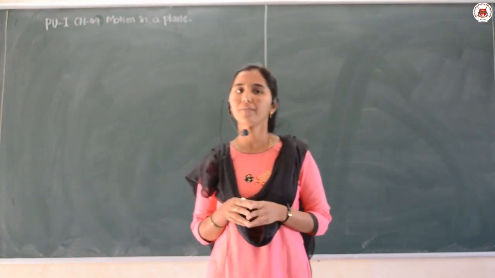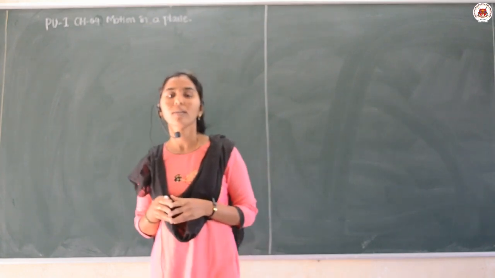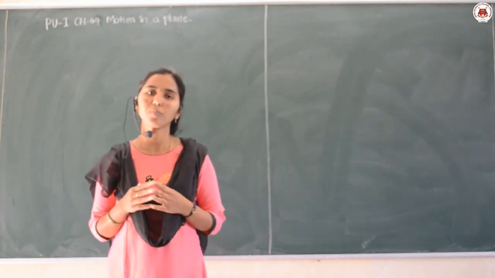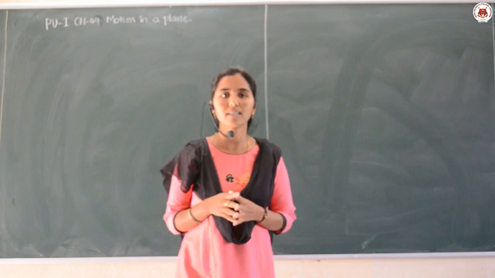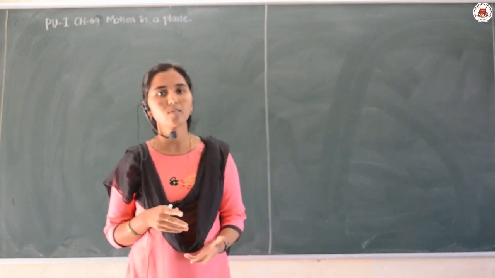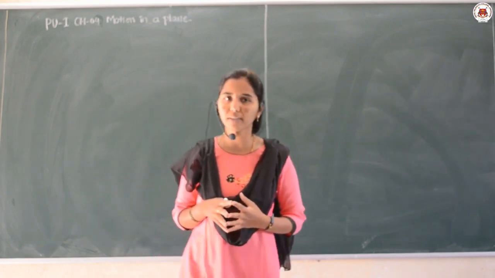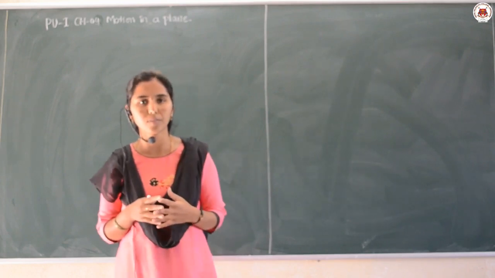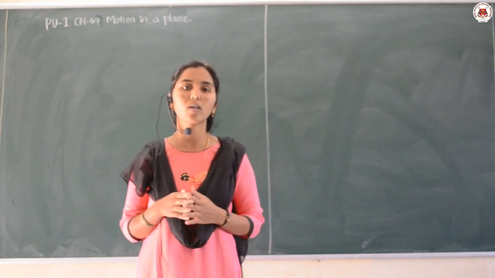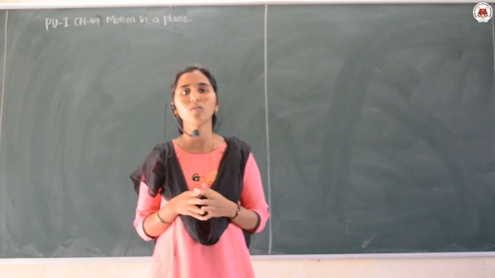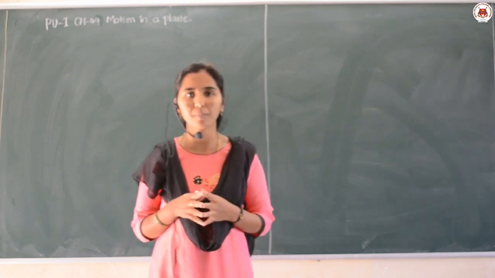In the previous classes we discussed the basic concepts related to motion in a plane, that are scalars and vectors, and I also taught you the different types of vectors and how the triangular law of vector addition and the parallelogram law of vector addition can be used.